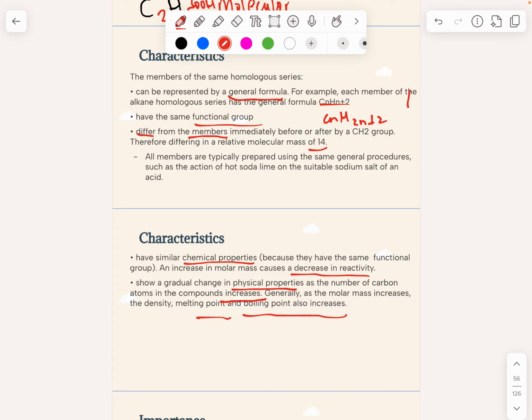There's a gradual change in physical properties as the number of carbon atoms increases. So change in melting point, change in boiling point, and the density. Right, those increase. And this also leads back to fractional distillation.